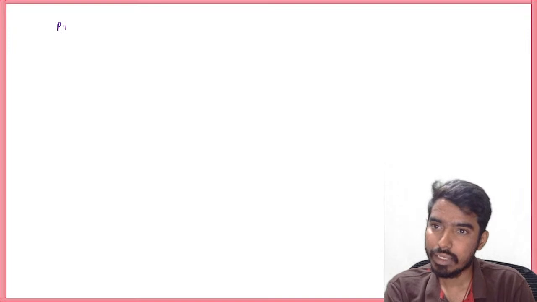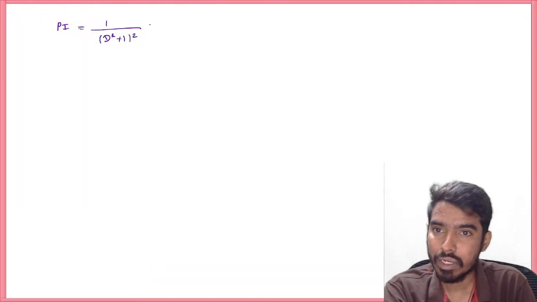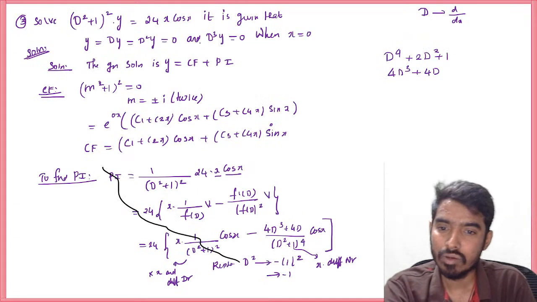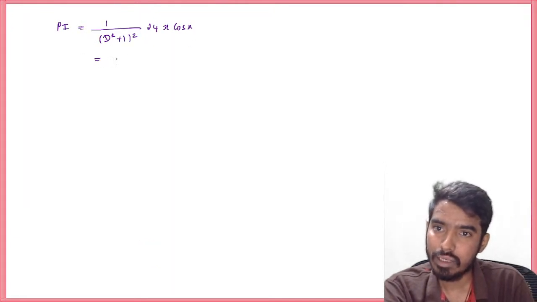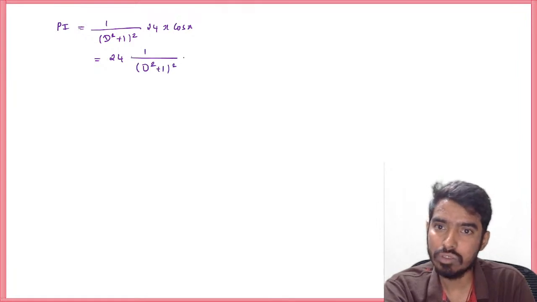So we have PI equal to 1 by D square plus 1 whole square, 24 times x cos x, right? Okay, so this will be 24 times 1 by D square plus 1 whole square, x into cos x.